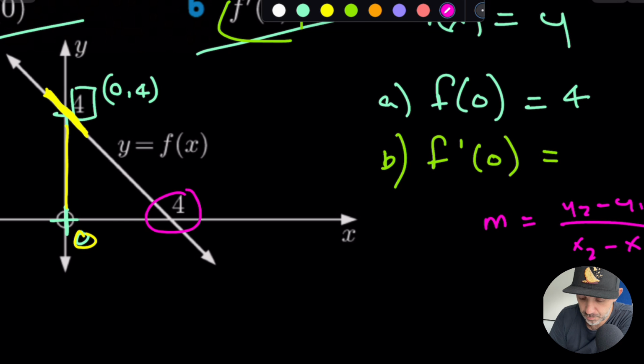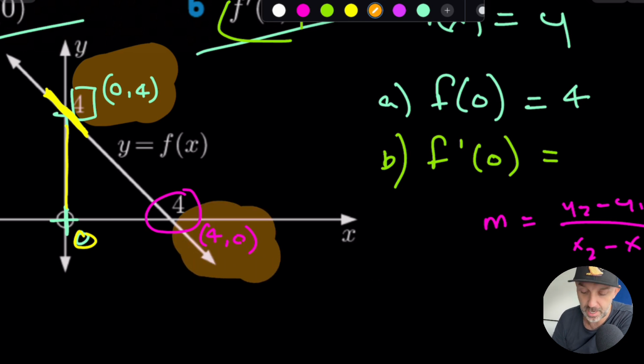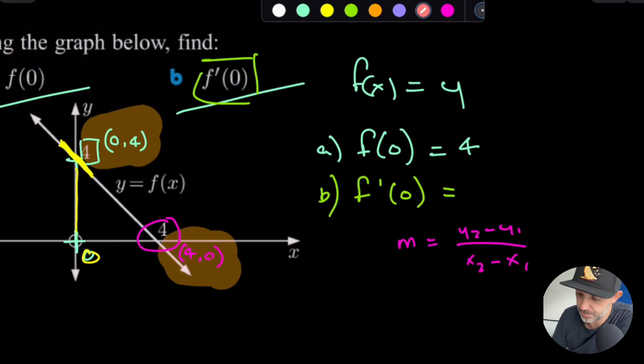So we'll use this point down here. It says that when x is 4, y is 0. So we can use the 2 points that I'm about to highlight in orange, 0, 4 and 4, 0, to help us find the gradient. Some of you may have already guessed what it is, but for those who are not sure, I'll use the formula.